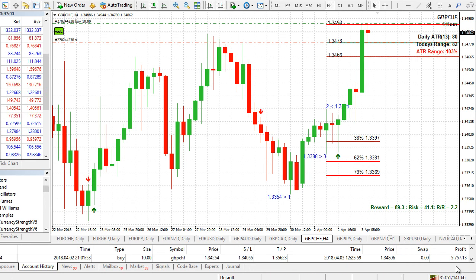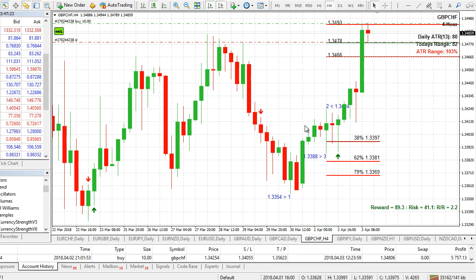So at this point here, I got out for about $5,700 profit, and again decided to enter the trade again. So I've entered the trade on a break above this point, and then with my stop here.